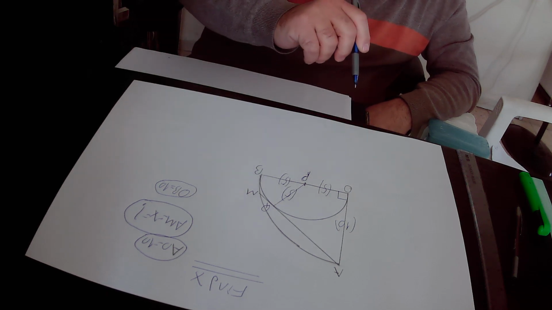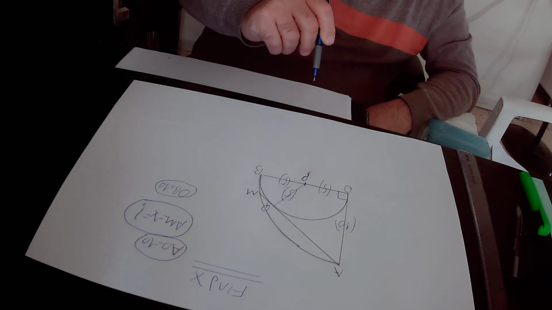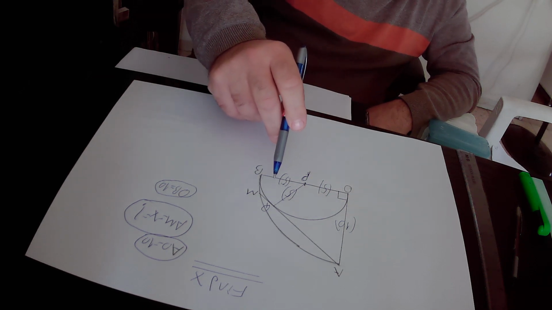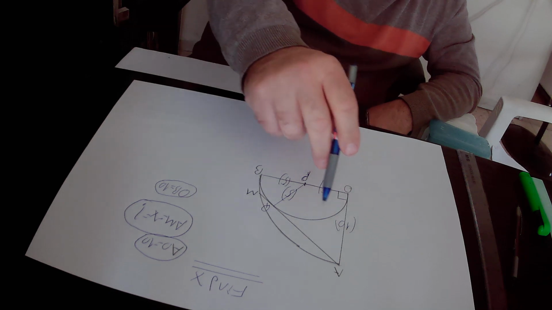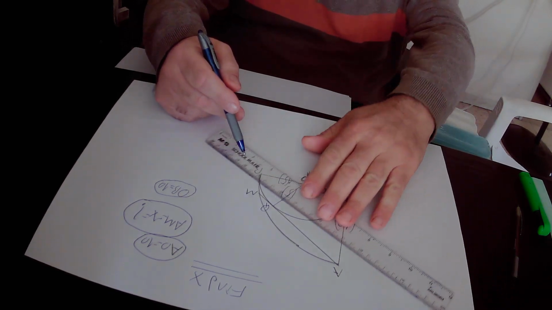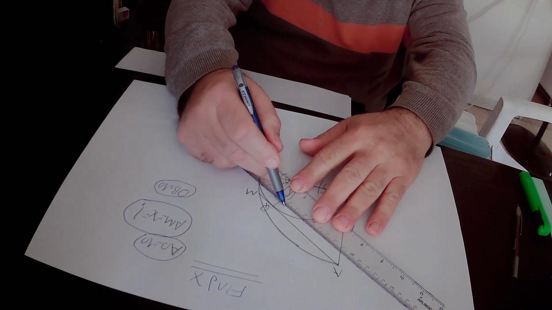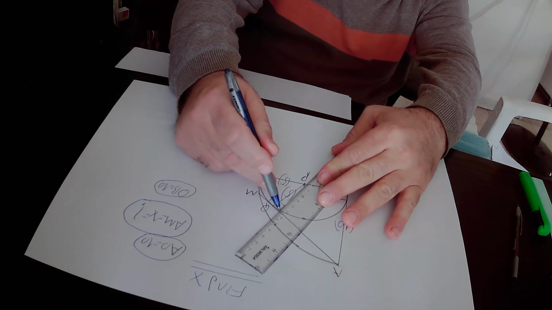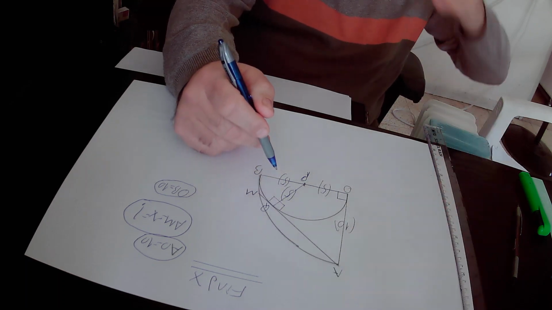And whenever we have a radius that is drawn to the point of tangency, then tangent AM will be perpendicular to the radius QP. If AM is perpendicular to QP, it means that this angle equals 90 degrees, and this again also equals 90 degrees according to rule number 1.